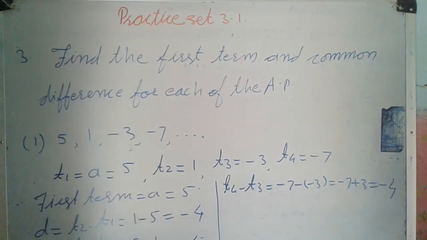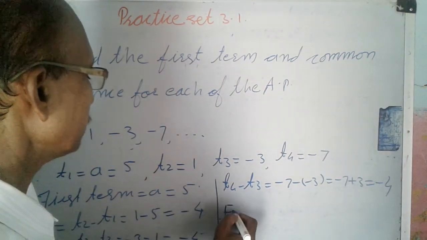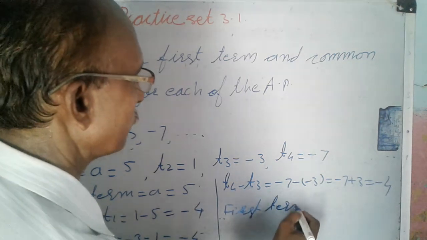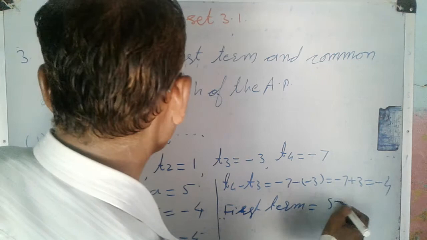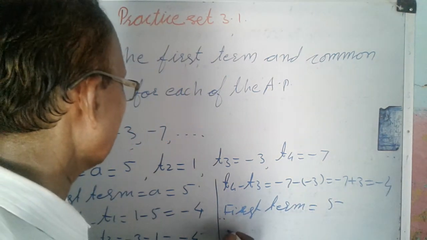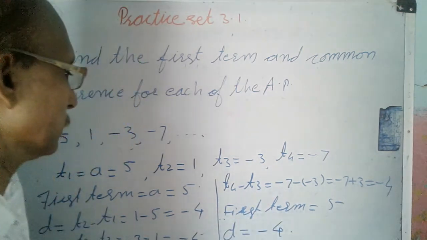So common difference is minus 4, and therefore the answer is, first term a is equal to 5, and common difference d is equal to minus 4.